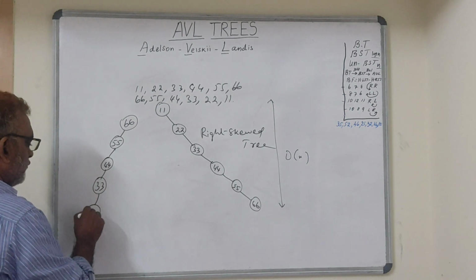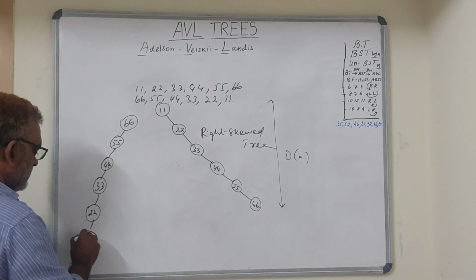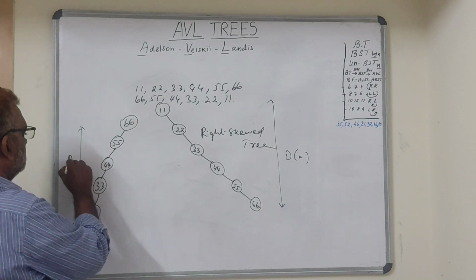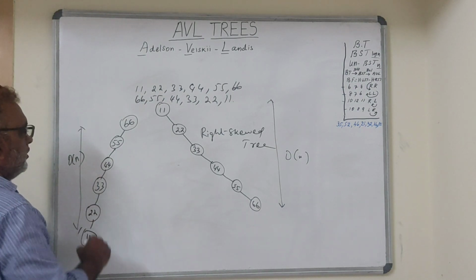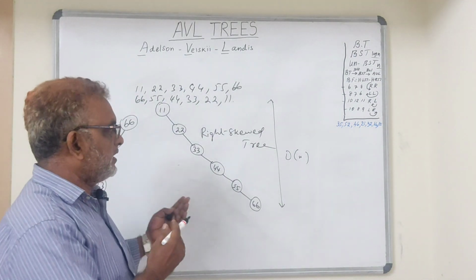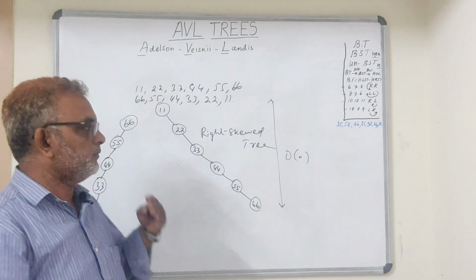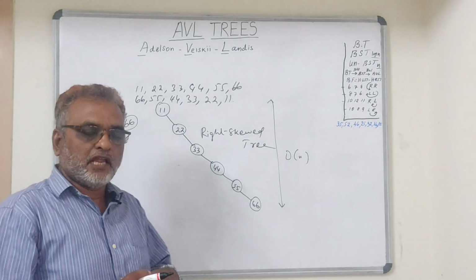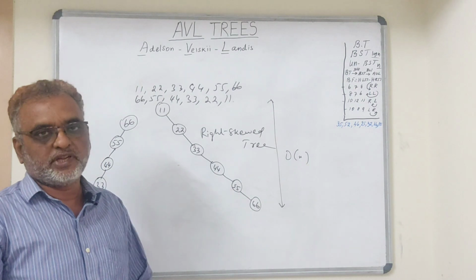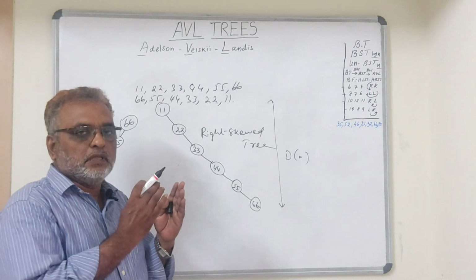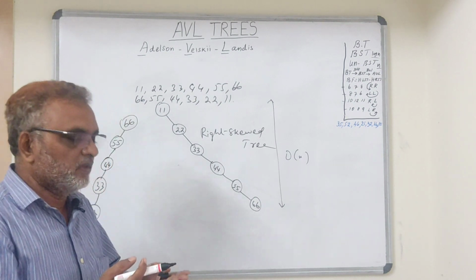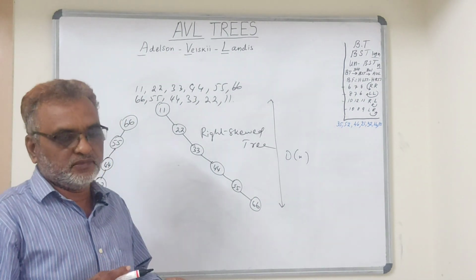In this case also, the time complexity will be order of n. This particular disadvantage of the binary search tree can be removed using a technique called rotation. That will result in the evolution of AVL trees.